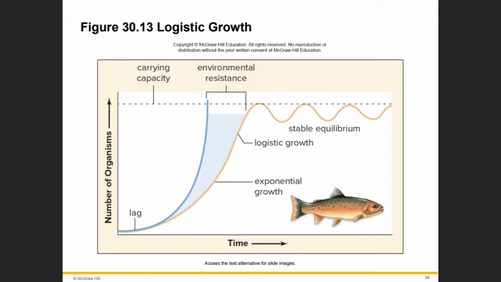This wave pattern that you are seeing is identified as a stable equilibrium. The difference between the J shape and this curve that reaches this stable equilibrium is called environmental resistance.